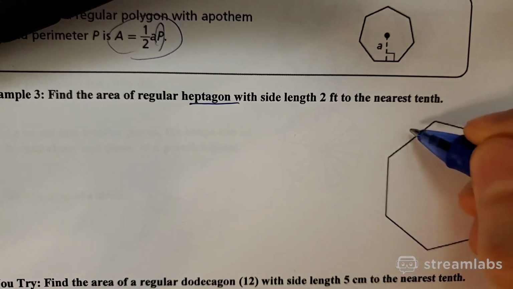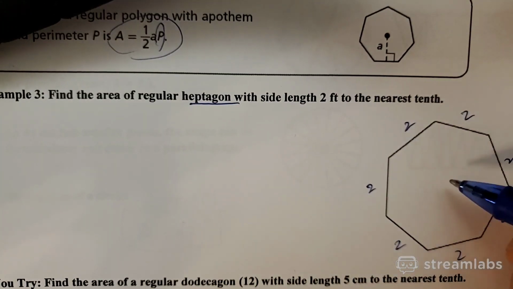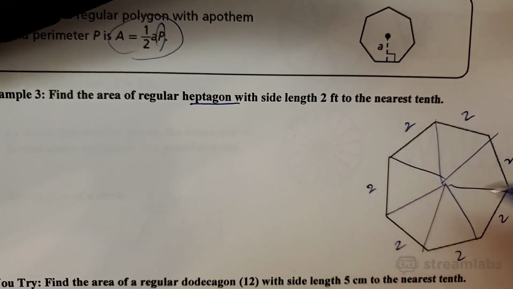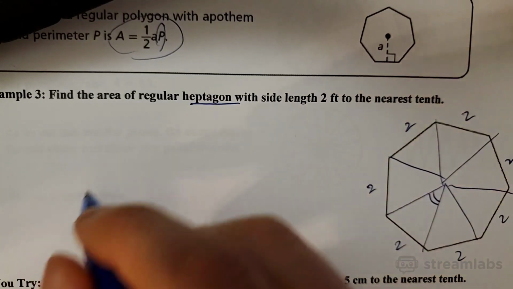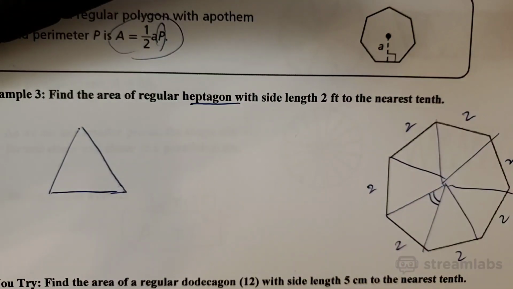Seven, right? So to cut individual triangles out, you should get 7 of them. Once you get 7 of them, you can figure out the individual angles. So here we go. Let's look at an individual one. They give you the base.